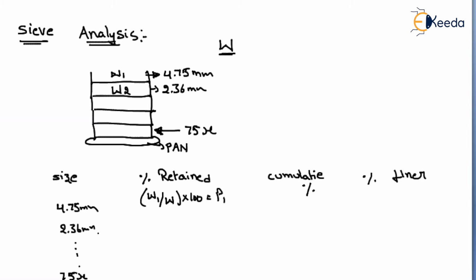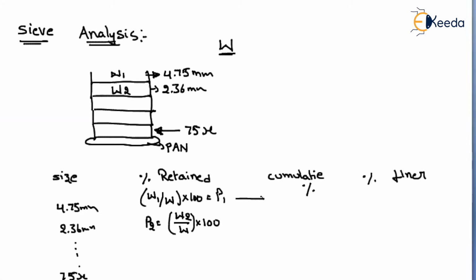Similarly, how can we find the percentage retained on the 2.36 mm? Let us represent it as P2. What is the soil retained on the 2.36 mm? W2. So the percentage is W2 divided by W multiplied by 100. So this is the percentage retained. Then what about the cumulative? We will add one over another.